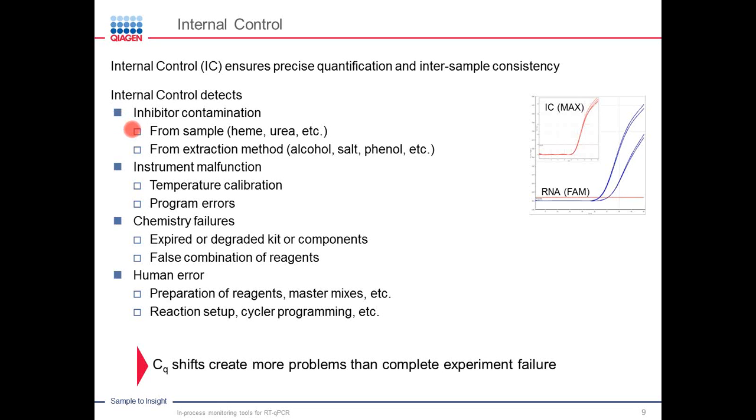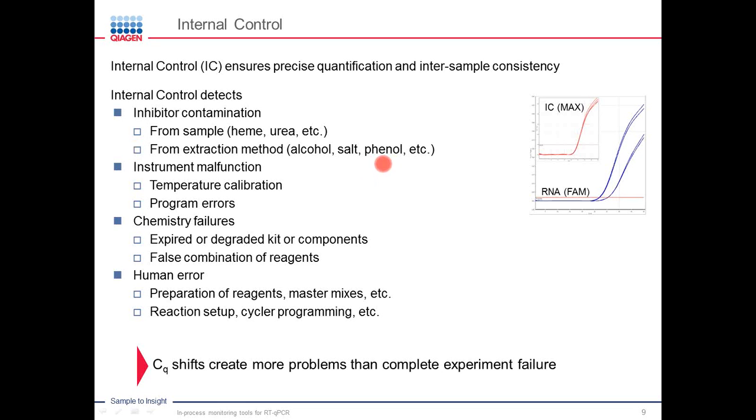And inhibitions can come from either the sample material itself. There are sample types that are notoriously difficult to extract and to handle, but also when utilizing an extraction method that is sufficiently harsh to get access to the nucleic acid we want to view, we incur a high risk of adding any inhibitor by the reagents we are using.